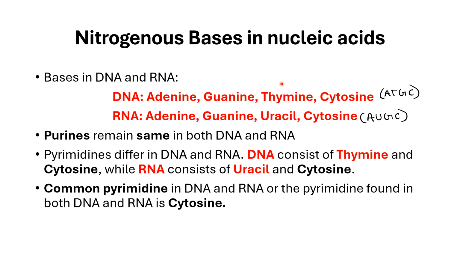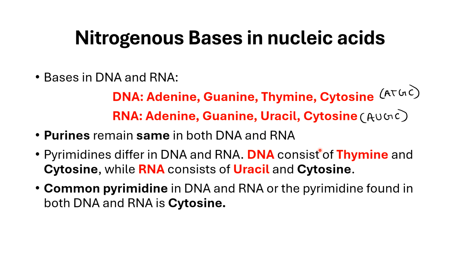Now that we have seen the structures of purines and pyrimidines, we will see some more important points about them. If we consider DNA, it will always contain ATGC and RNA will always contain AUGC. So the purines, that is adenine and guanine, are common in both DNA and RNA.